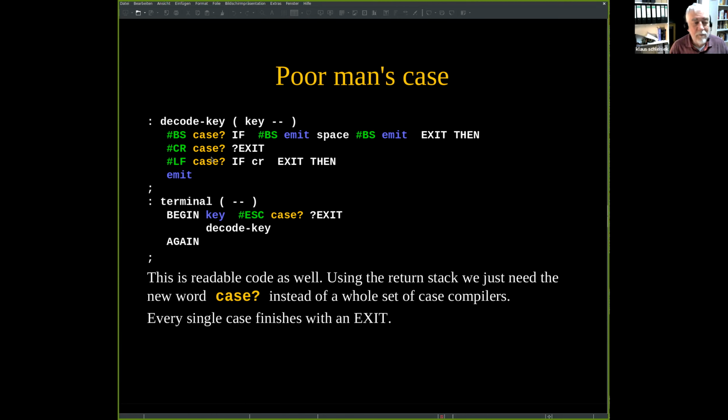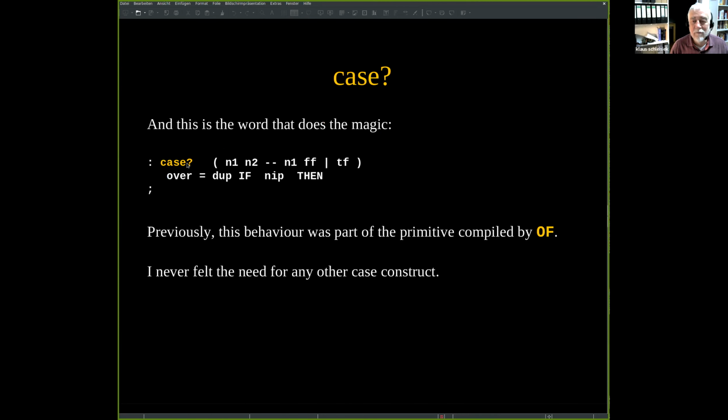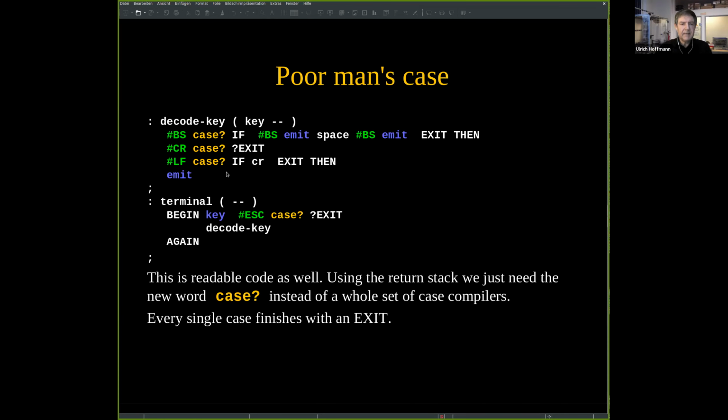That's an alternative. But I always thought the word case question mark makes it kind of clear what happens there. Yeah, that's right. And plus, it's useful for other situations like here. I also have a query exit always present, so that becomes very simple. Right.